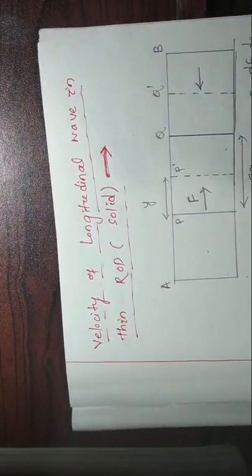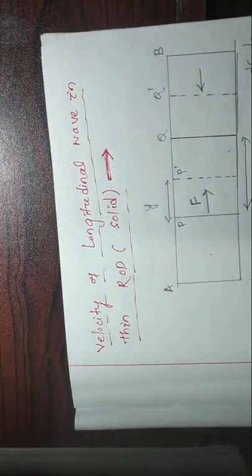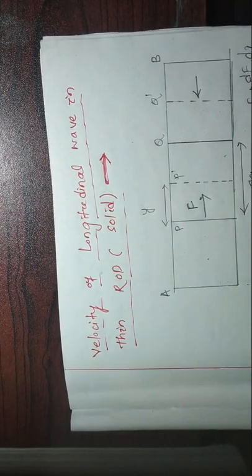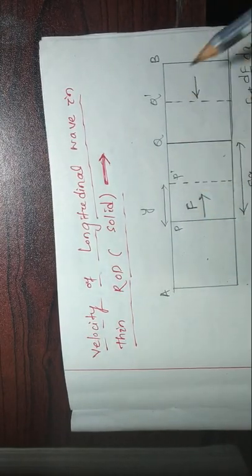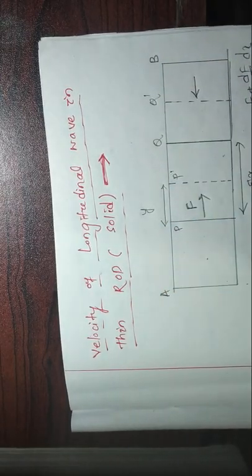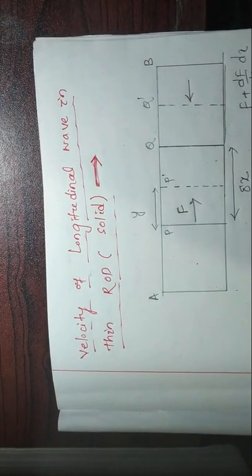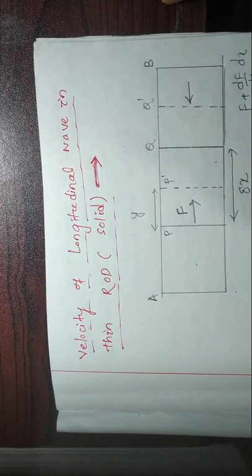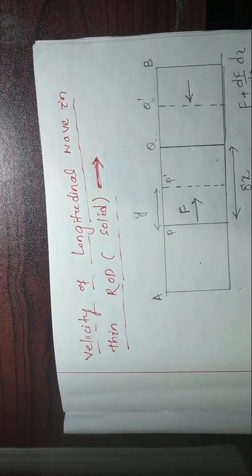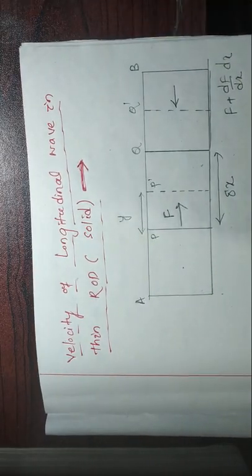Then we have to discuss, if a longitudinal wave is moving in a solid or a rod, what will be its velocity? In our previous class we discussed that when a longitudinal wave is moving in an elastic medium or in a gas, what its velocity was, which we derived.